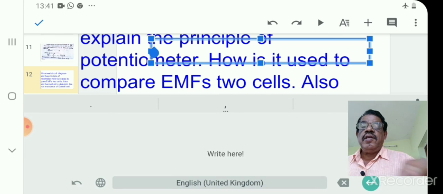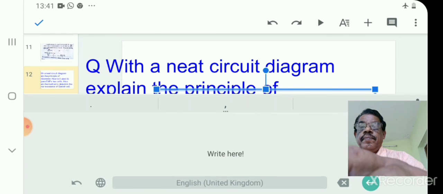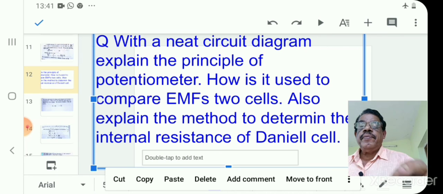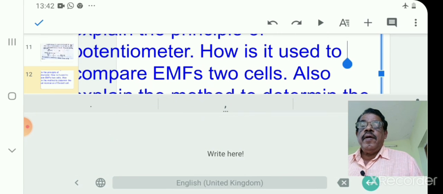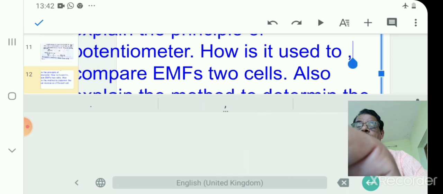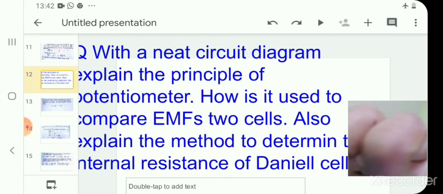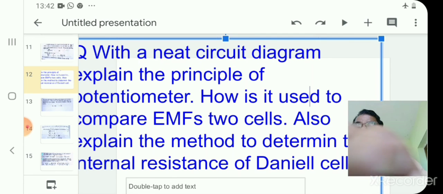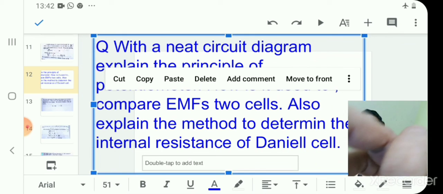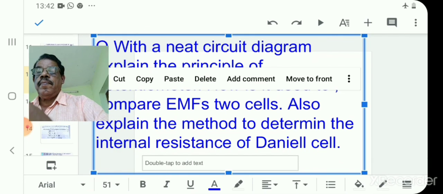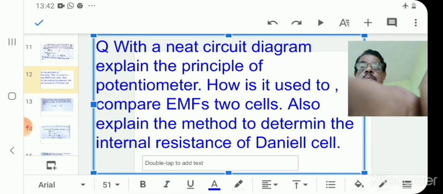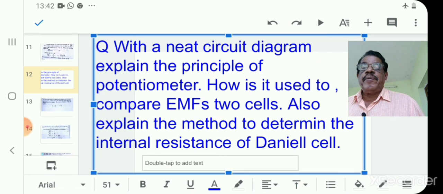With a neat circuit diagram, explain the principle of potentiometer.